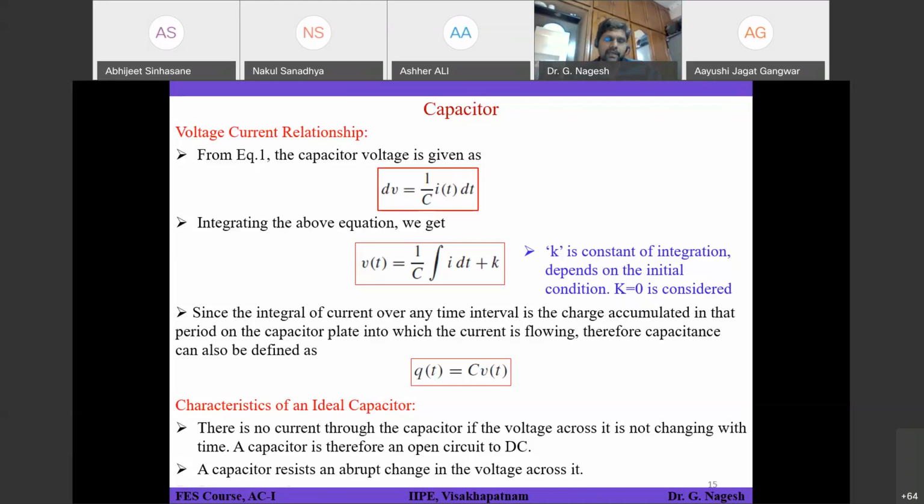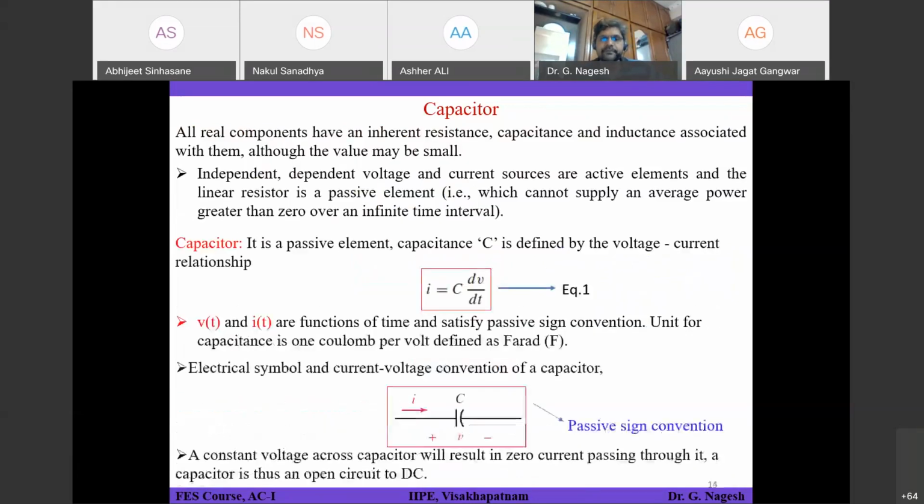Why? From this expression, if in a very small time I want to change the voltage to a large value, the current should be very large, since current is directly proportional to dV. You require a very large amount of current to make that happen, which is not possible because you may not have such a source, or it requires infinite energy to change the voltage across the capacitor instantaneously.